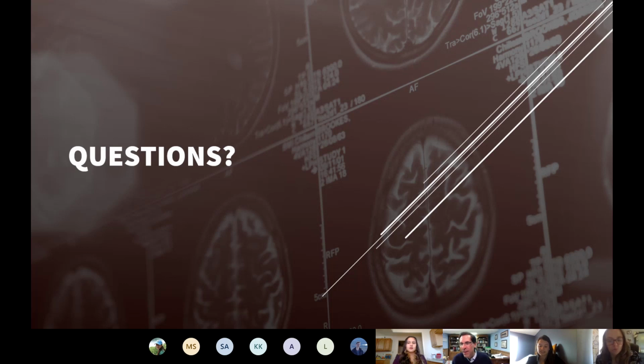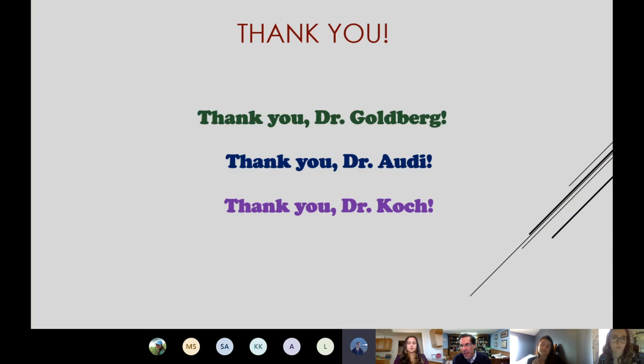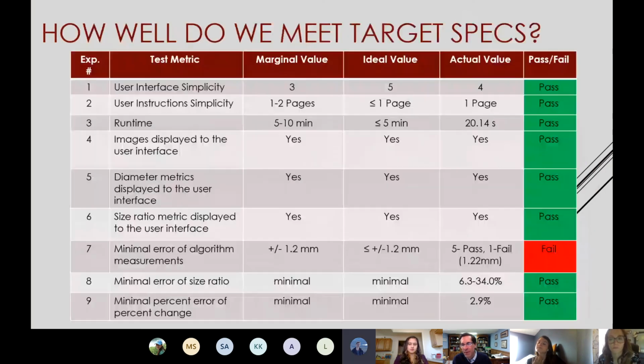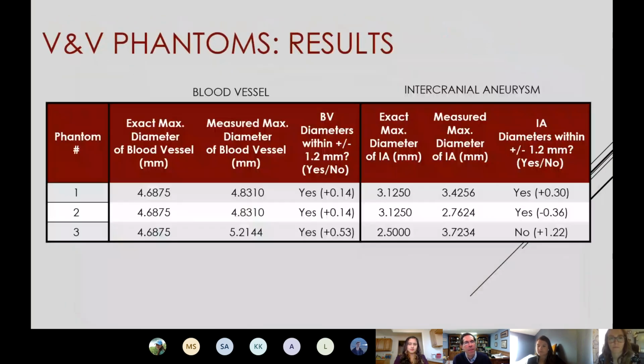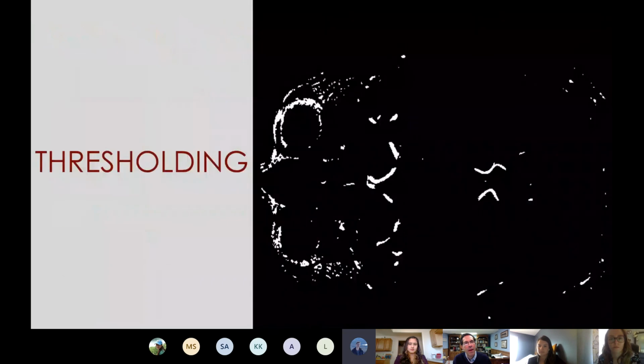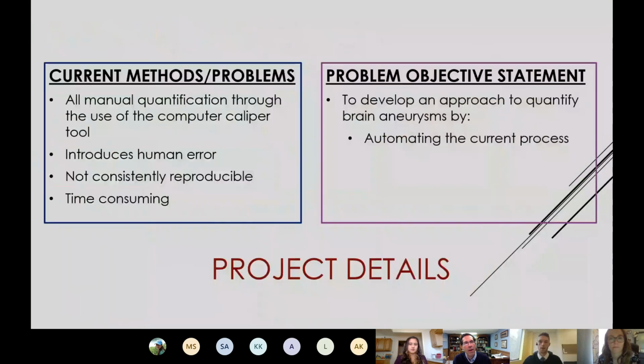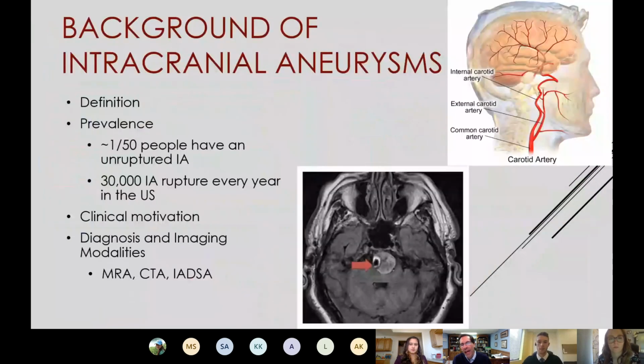On your first slide, you had a bunch of acronyms that I've never heard of, different methods for detecting aneurysms. Just to educate me, can you explain what they are? Sure. Are you talking about MRA, CTA, and IADSA? Yeah. MRA is magnetic resonance angiography, and it's using MR technology to find blood vessels.